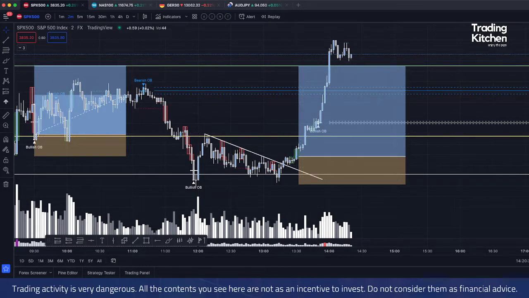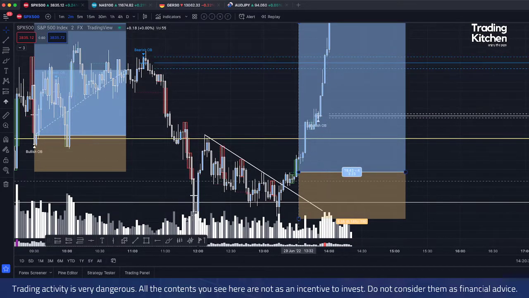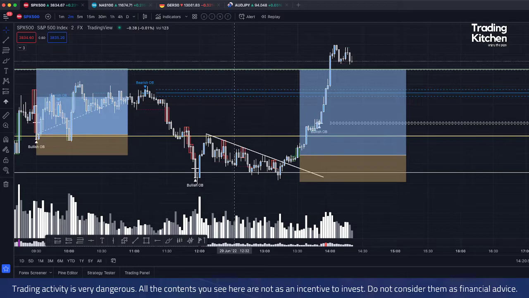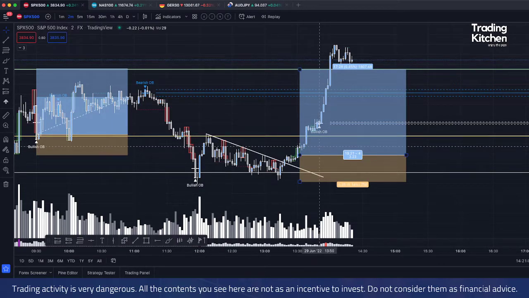I just set a pending order on the breakout, but price didn't retest, and then strongly pushed until the Asian high. So I missed this opportunity, but I will never open a simultaneous trade on the indices, because obviously they are all correlated.